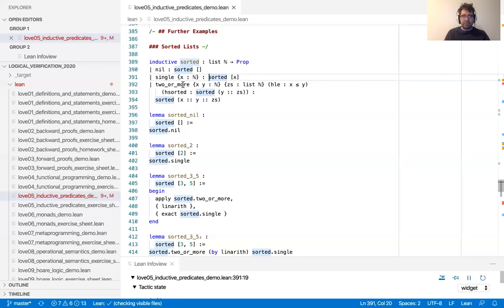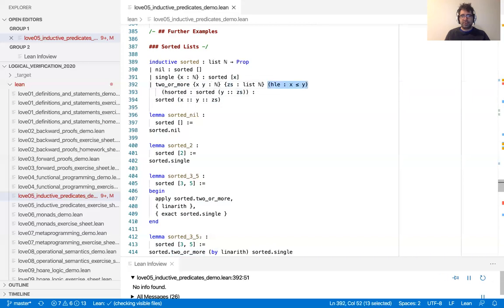And then for two or more, okay, we have an X, we have a Y, and we have a ZS, which is the rest, right? So this is a list of two or more elements. This is the first element, this is the second element, and this is the rest. Well, here we have two conditions.